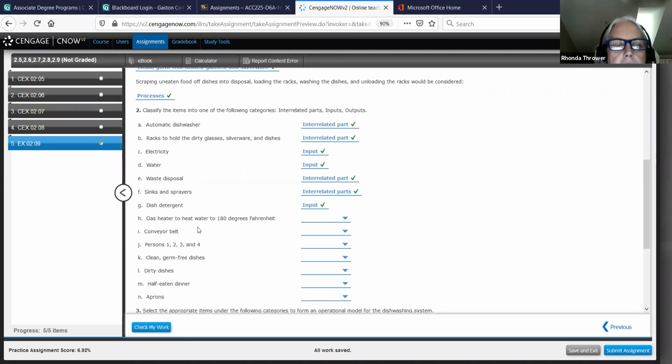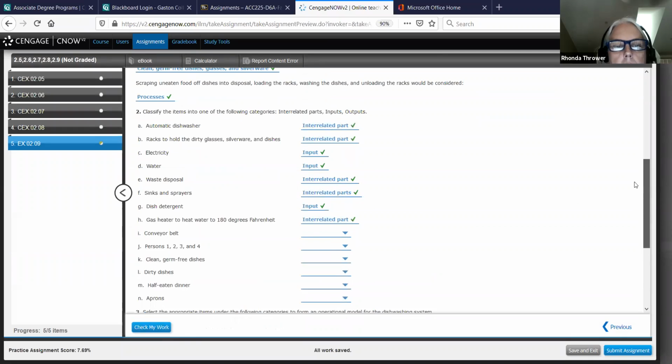The gas heater to heat up the water to 180 degrees is an interrelated part. You have to have a heater to heat the water that goes into the automatic dishwasher. That's an interrelated part. The conveyor belt is also an interrelated part.